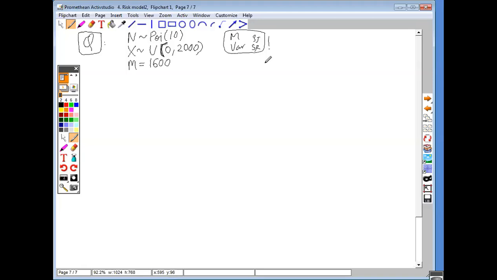So let us try to solve this sum together. What should be my very first step? Remember, I have to figure out the mean, the average aggregate claim amount that the insurance company will have to incur.